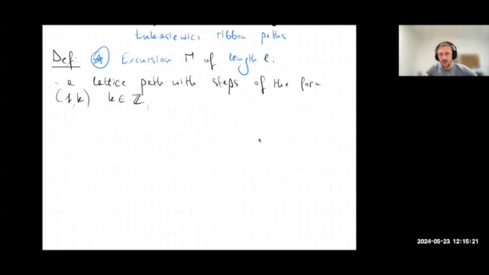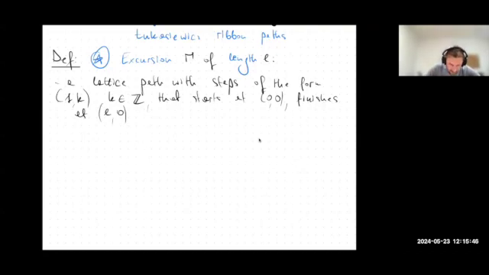So we always go right by 1, and then we can go either up, horizontally, or down, that starts at (0, 0), finishes at (L, 0), and does not touch the OX axis.